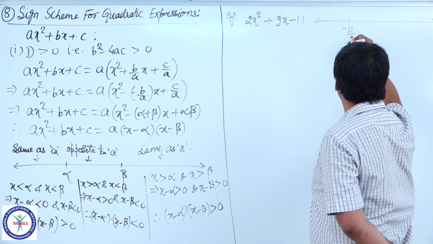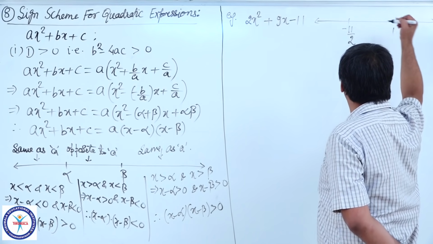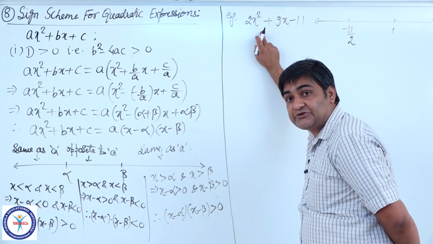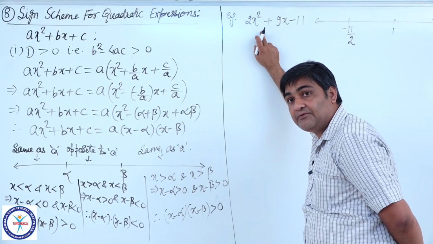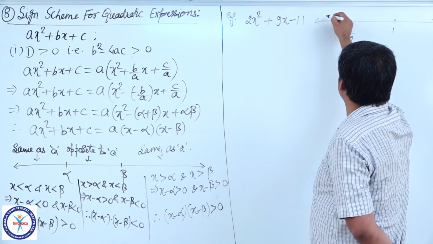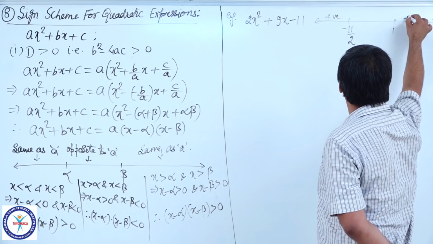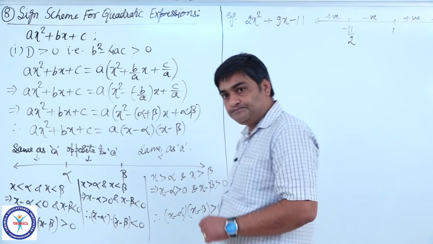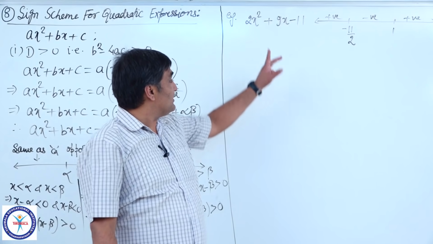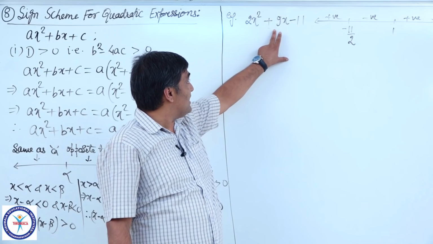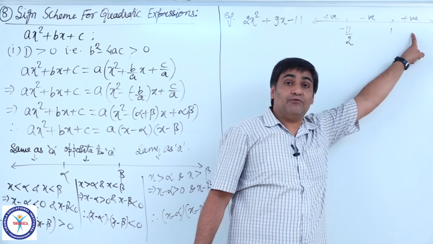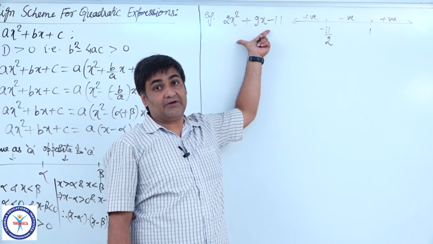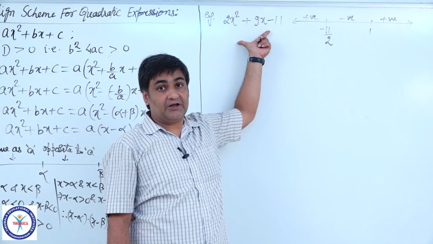Minus 11 by 2 and 1. Coefficient of x square is positive. So, here positive, and here negative. Means, if we put the value of x greater than 1, the sign of this expression will be positive.